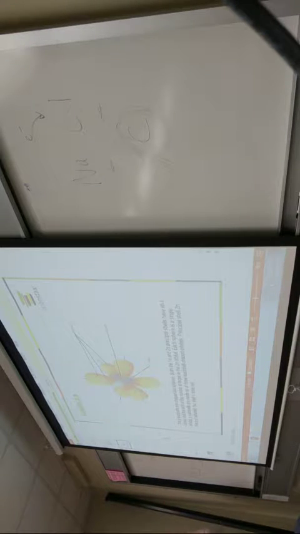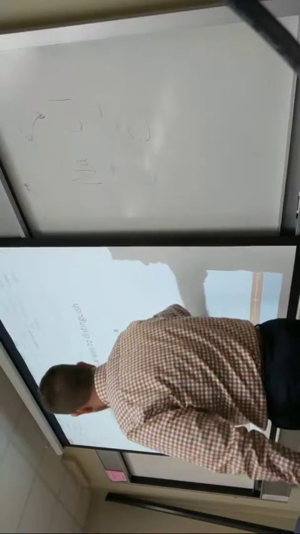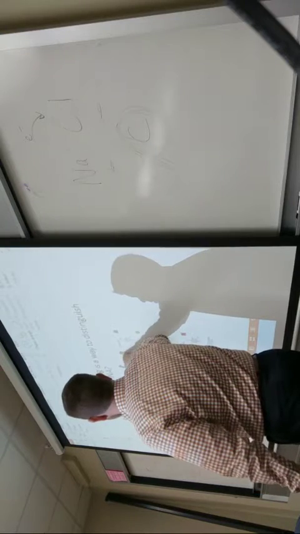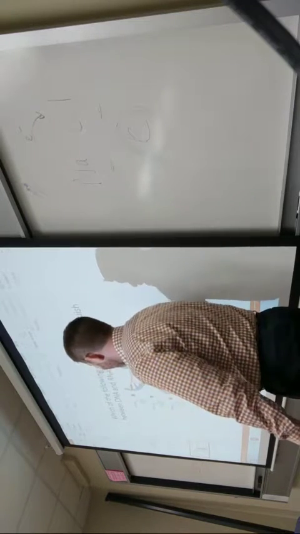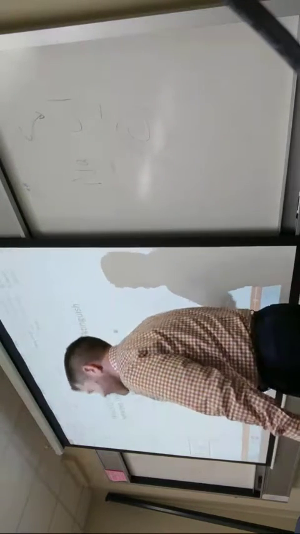But the reason why those strands come together is because those nitrogenous bases stick out of the DNA molecule. So each one of these little bars here represents a nitrogenous base that's sticking out of the backbone of the deoxyribonucleic acid.